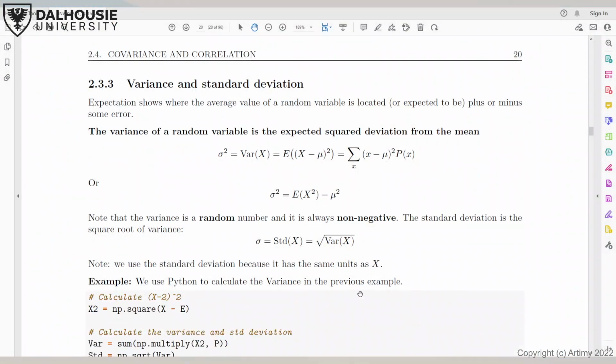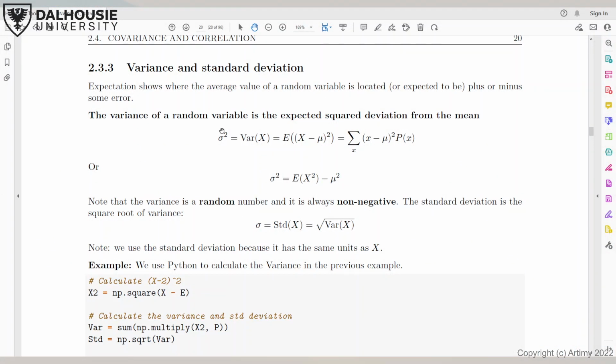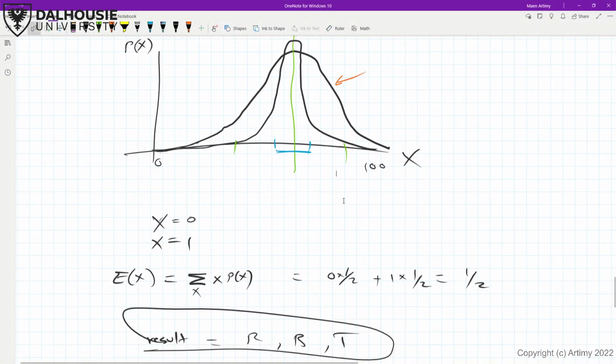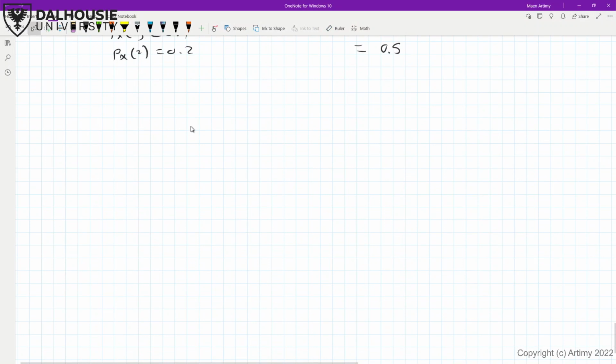So the variance is given the simple Var X, and it's calculated by subtracting the expectation from the random variable and taking the square, right? So Var X is the expectation of (X minus mu) squared.